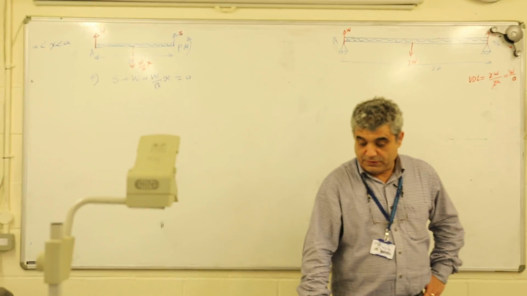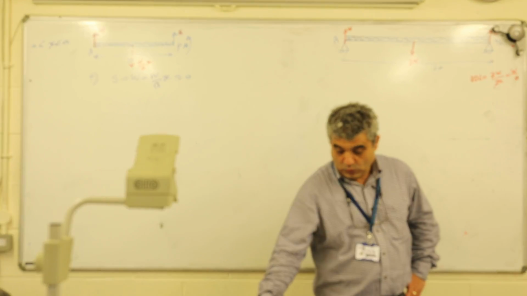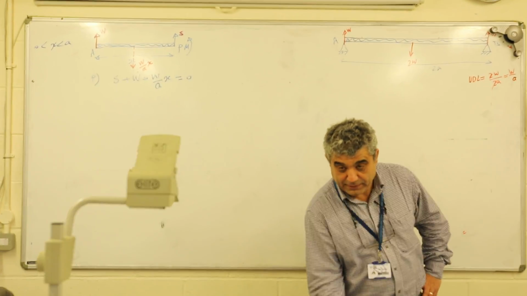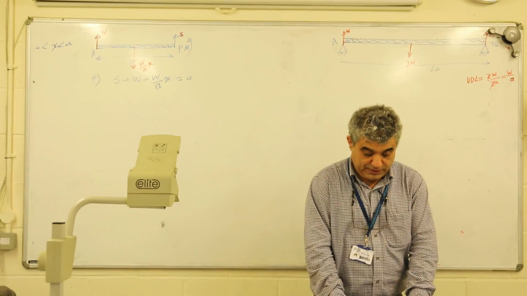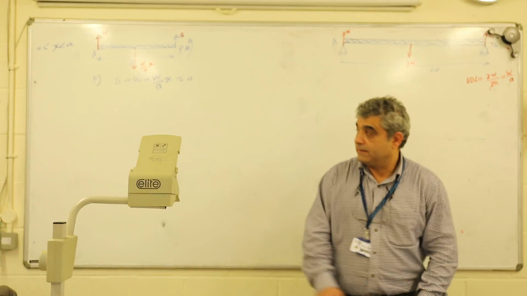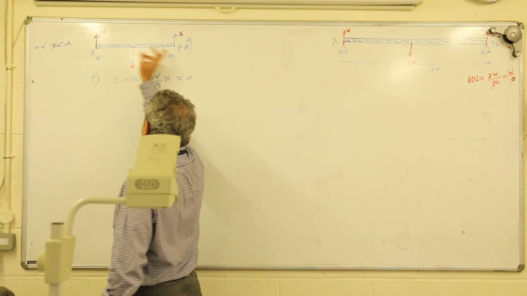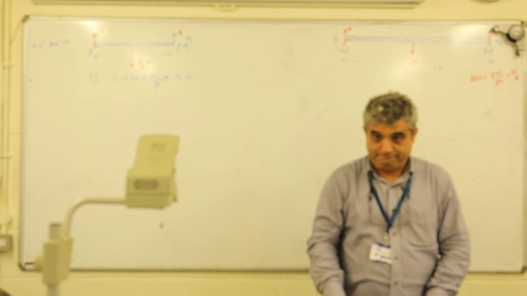So with this distributed load, when you are dealing with the beam, you would say it will act in the middle. If I cut this bit of it, which is distributed, from here to here, I get a load which acts in the middle of the cut.